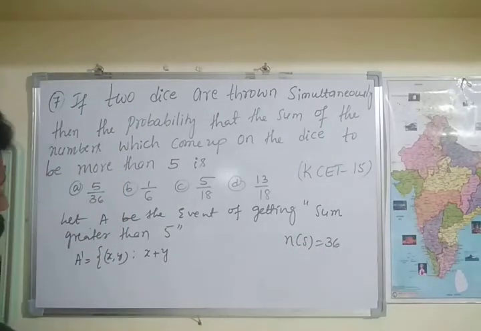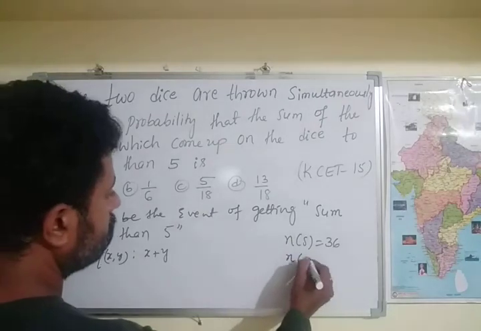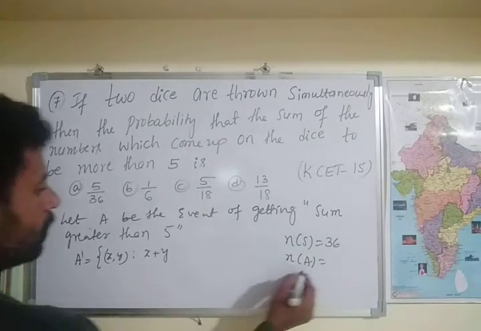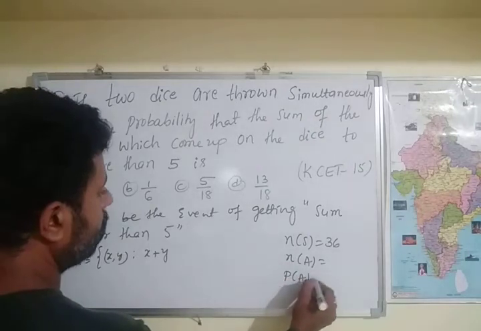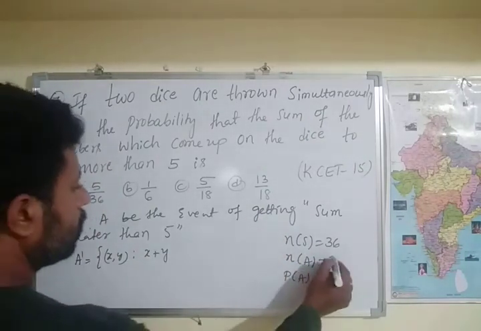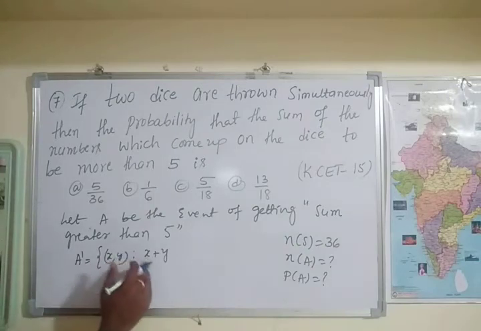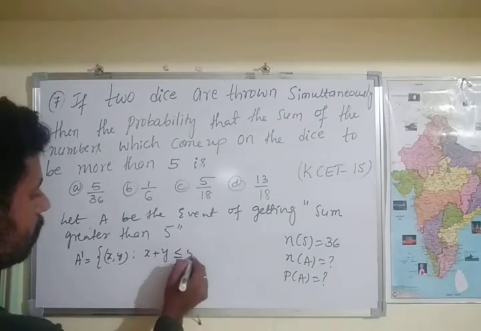Now here we have to find n of A. Then we have to find the P of A result. That's why here we first find A dash, where the sum of the result is less than or equal to 5.